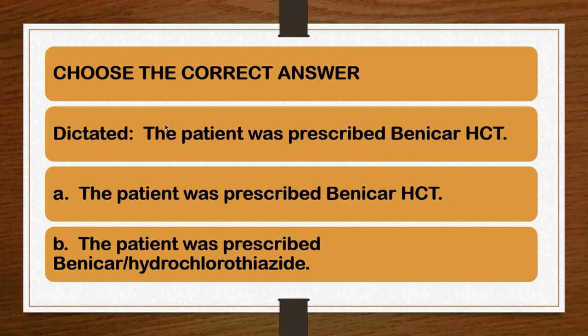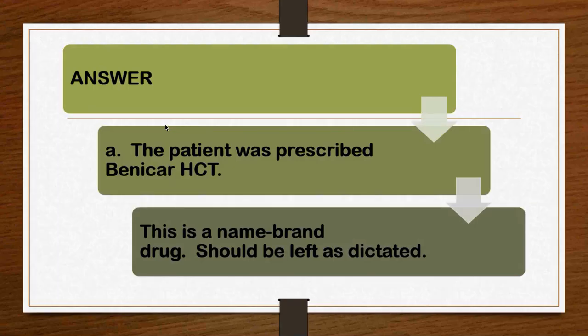The patient was prescribed Benicar HCT. Which is correct? Okay, and it's actually A. This is a name brand drug, and that HCT is actually part of the name brand.